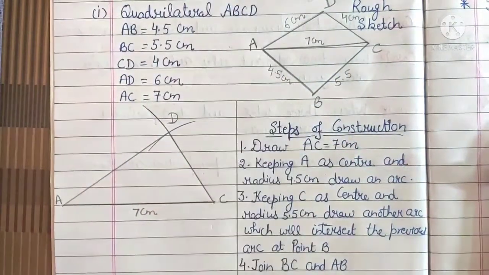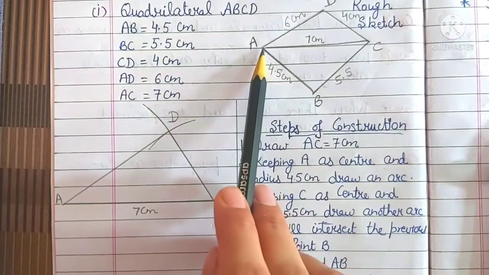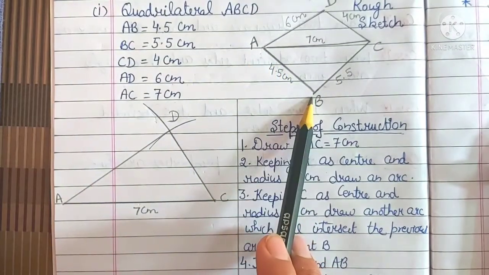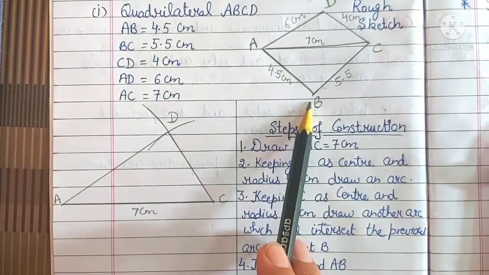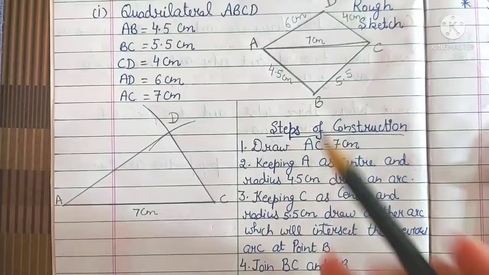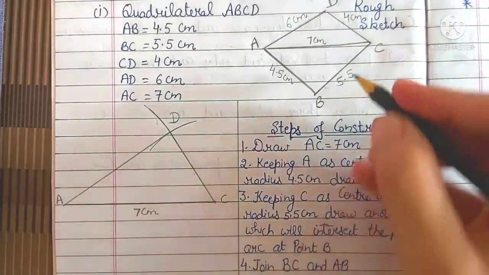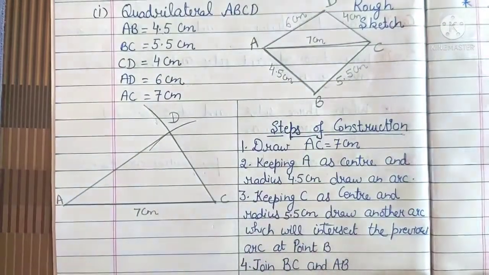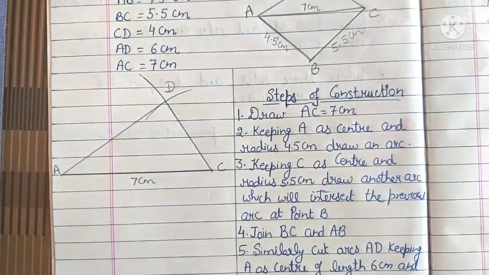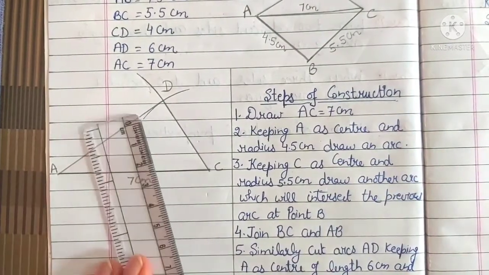The same process we will do for this side. So I'll open the compass and take radius 4.5 centimeter, students.